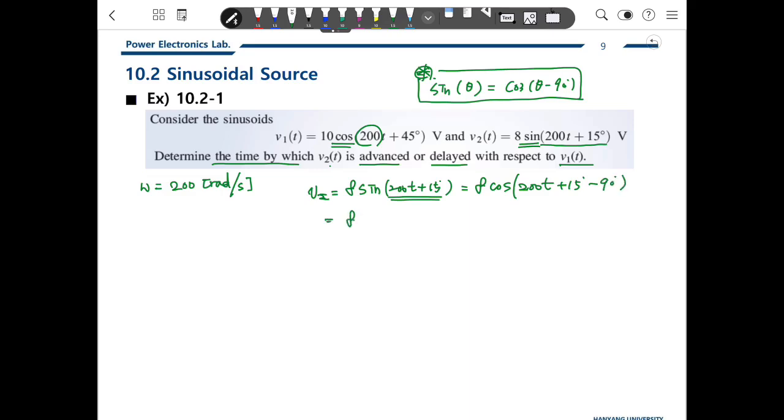That will be 8 cosine (200t minus 75 degree). And how about V1? V1 is 10 cosine (200t plus 45 degree). So here theta 2 is minus 75, and theta 1 is 45.